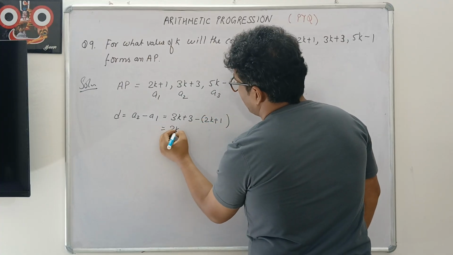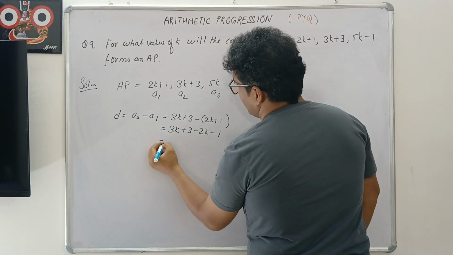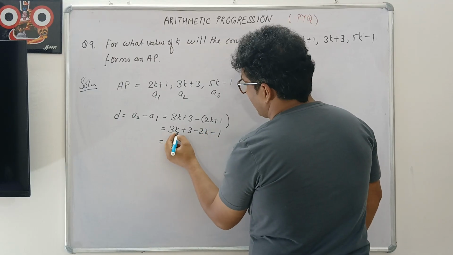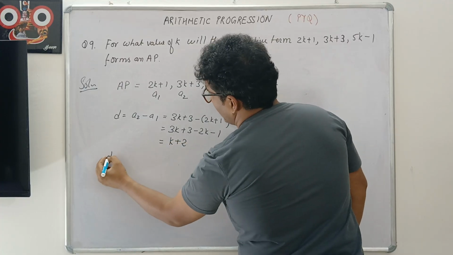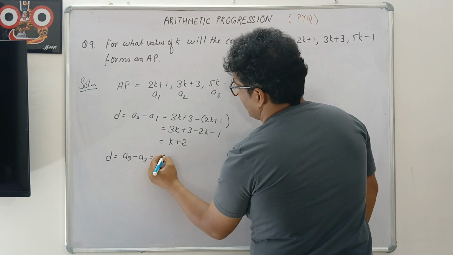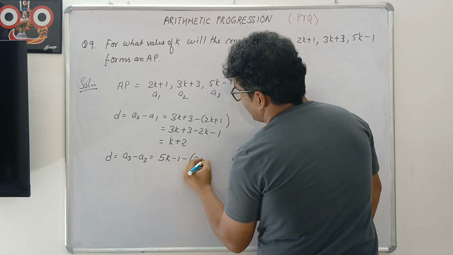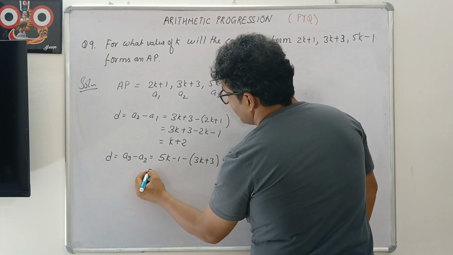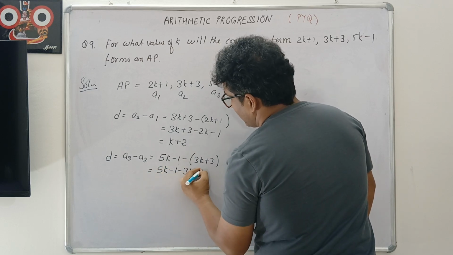So 3k plus 3 minus 2k minus 1. So 3k minus 2k is k, 3 minus 1 is 2. Correct. The second is a3 minus a2. a3 is 5k minus 1 minus a2, which is 3k plus 3. So this is 5k minus 1 minus 3k minus 3.